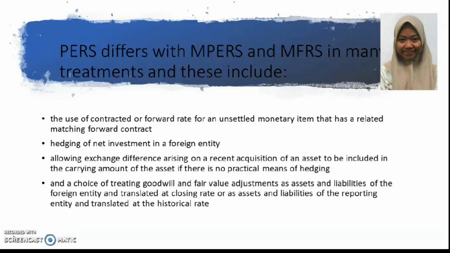The last one is a choice of treating goodwill and fair value adjustments as assets and liabilities of the foreign entity and translated at the closing rate, or as assets and liabilities of the reporting entity and translated at the historical rate.